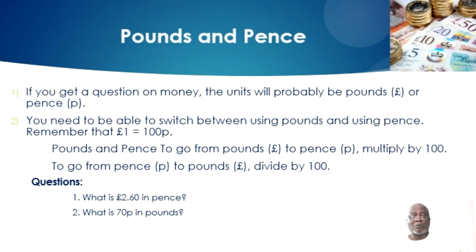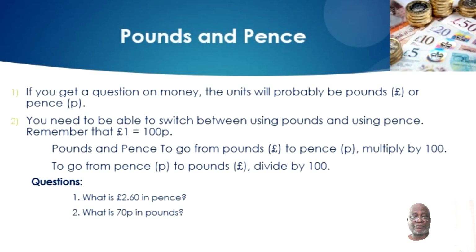Remember that 1 pound is equal to 100 pence or 100p. To go from pounds to pence, you multiply by 100. To go from pence to pounds, you divide by 100.